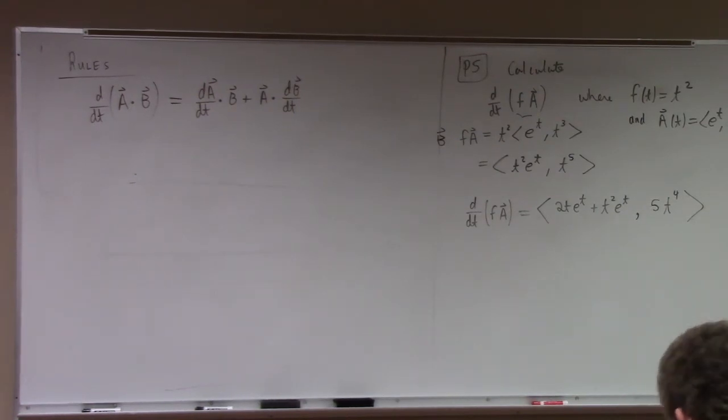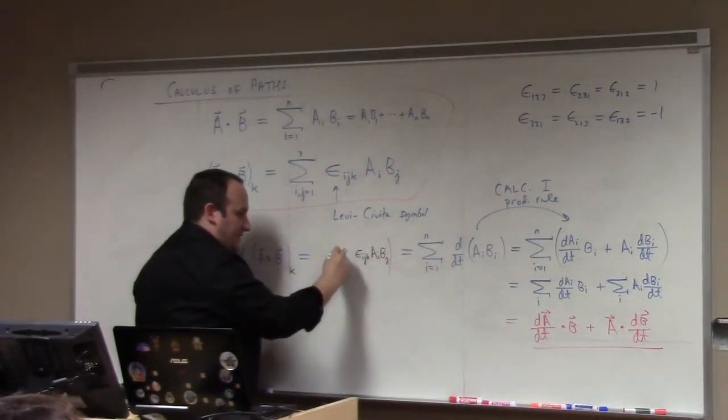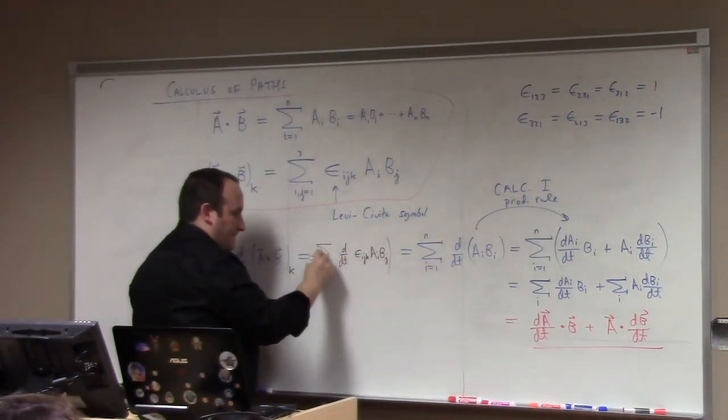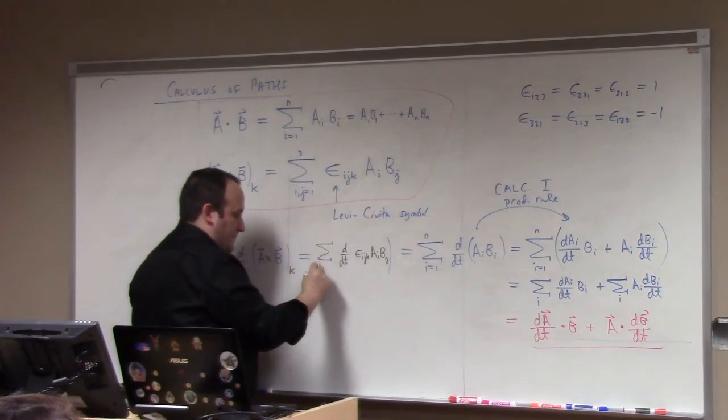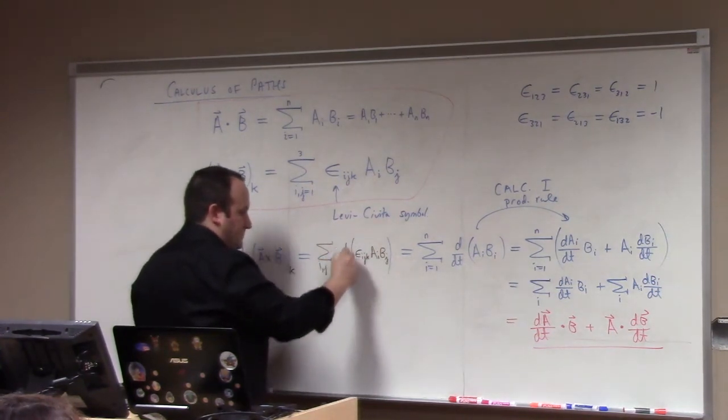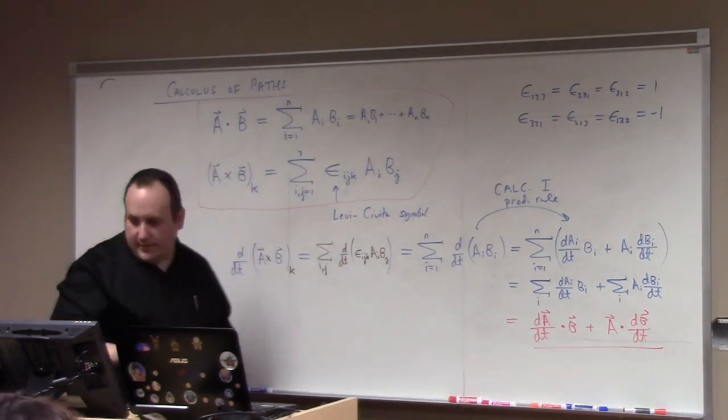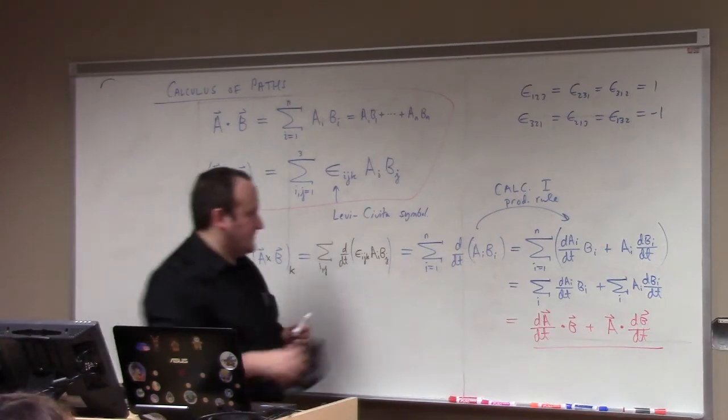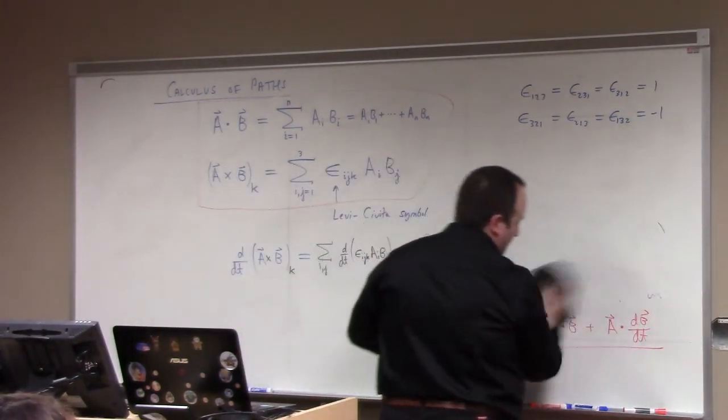And then, if you'll allow me to cheat a little bit here, we could bring the derivative inside the sum, just like we did before. I'll write the rest of it out. It's almost the same calculation.